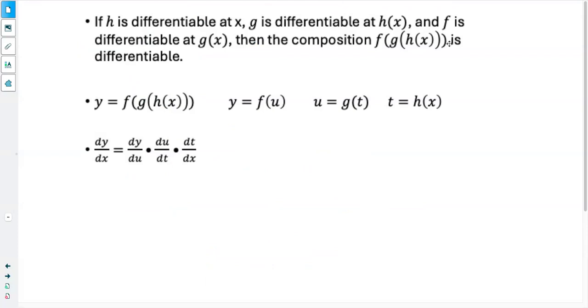In which case, we then break this down into y is equal to a function that depends on u, u is equal to a function that depends on t, and t is a function that depends on x. So therefore, we'd have dy over dx is dy over du times du over dt times dt over dx.